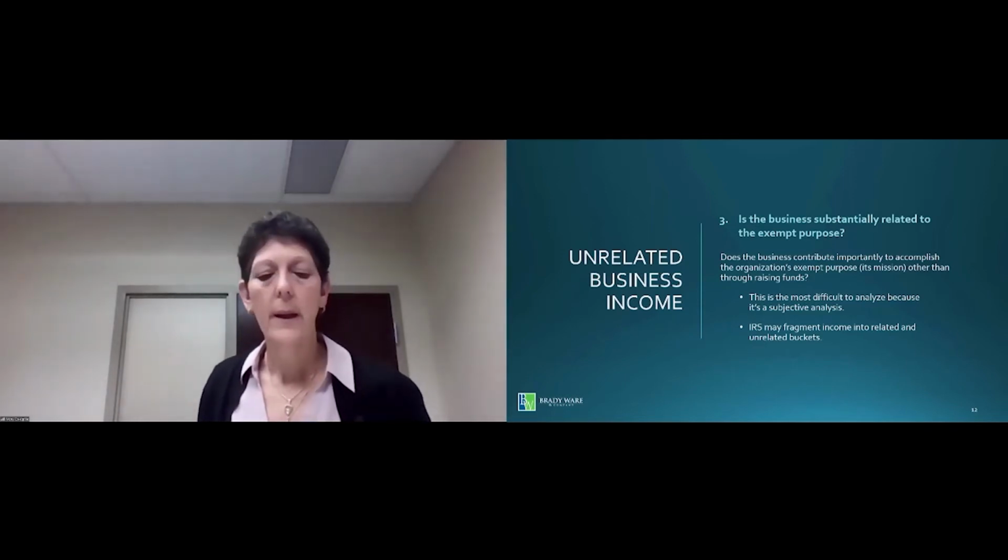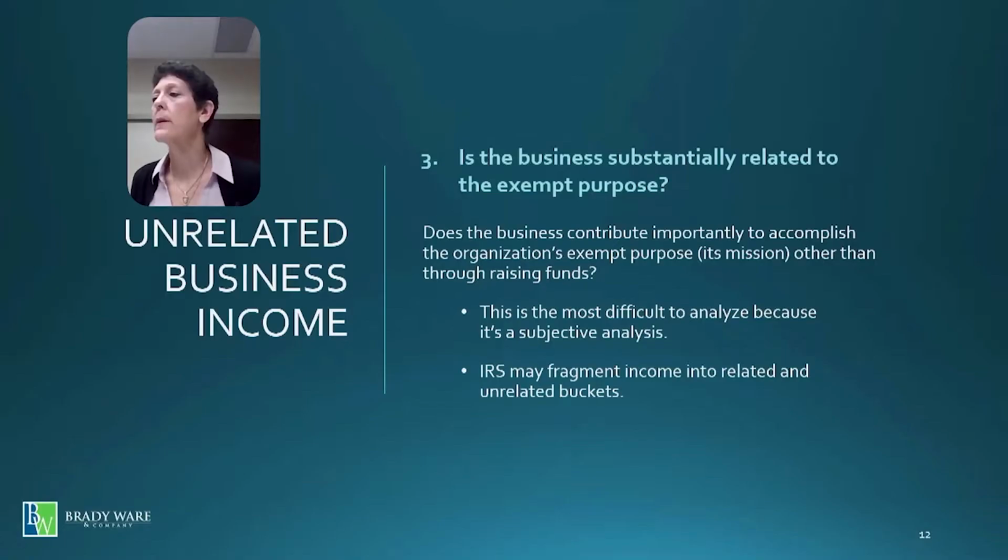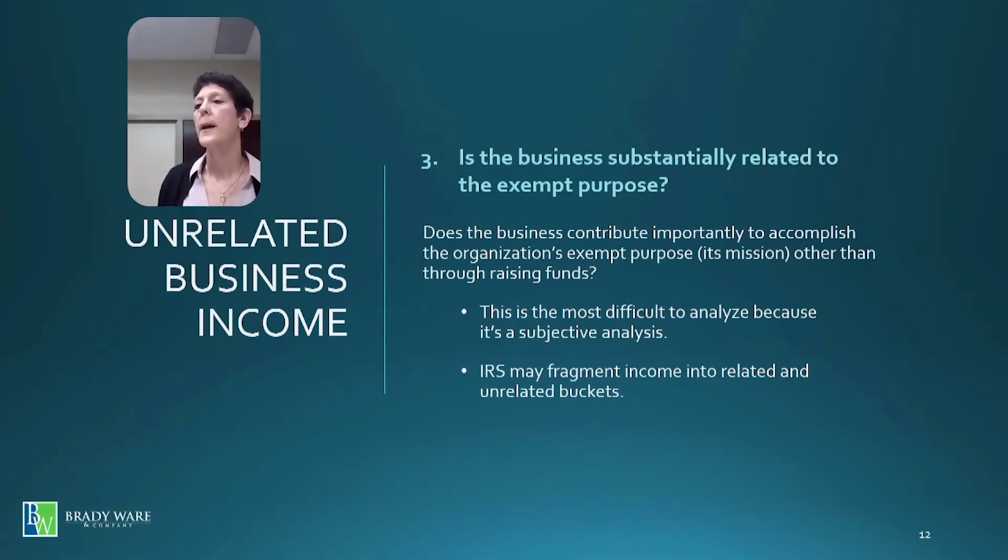On the flip side, a couple of private rulings have come down saying that even though it's close to your mission, or kind of tied to your mission, we're saying this is automatically UBIT. Here's one that's the veterinary services.